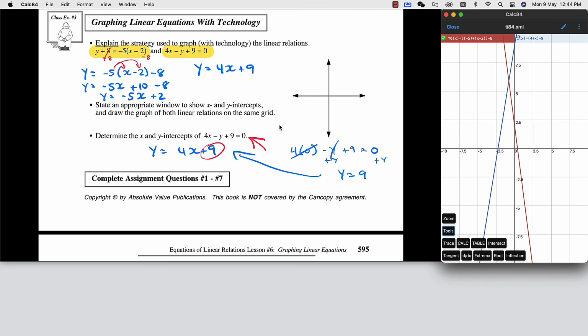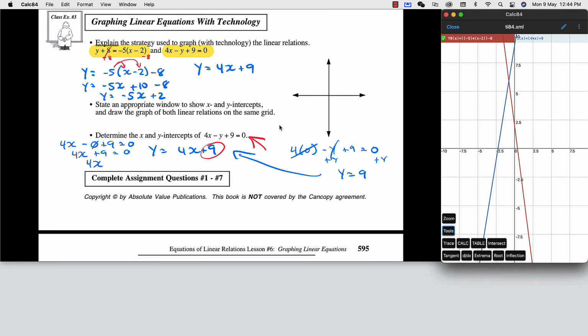And what about the x-intercept? Well, that's when we replace the y with 0. So I end up with 4x minus 0 plus 9 equals 0. I'm going to get 4x plus 9 equals 0. I'm going to move the 9 to the other side by going minus 9 on both sides. I get 4x equals negative 9, then divide everything by 4. So I should get x equals negative 9 over 4.